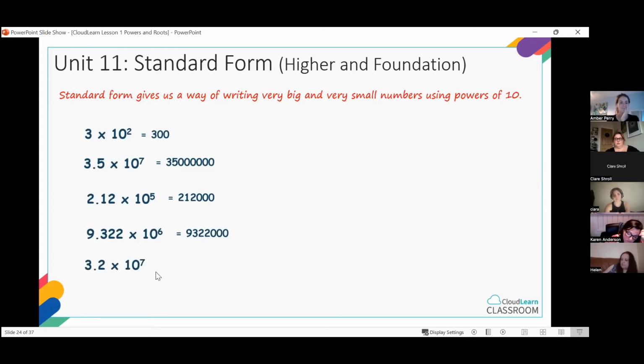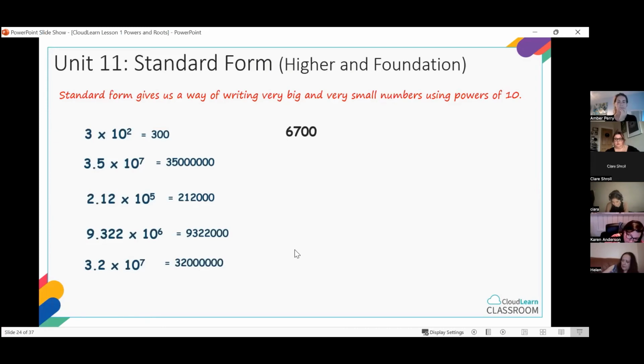Here's the next one. We're going to speed this up a little bit now. I'm running out of time. Yes, fantastic. Got some correct answers. Just check, there's so many zeros, it's hard to check. Brilliant. So that's a 3 and a 2, and then 6 zeros on the end, 32 million.